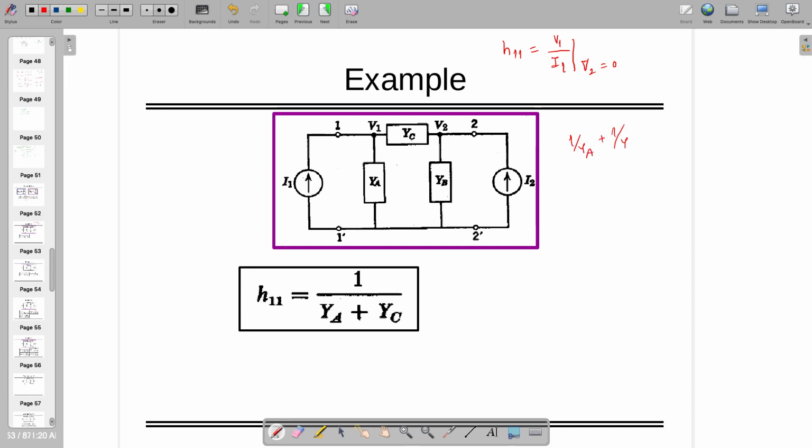One by YA, one by YC. They are in parallel. Times I1 is going to give me V1, right? So V1 by I1 is equal to parallel combination of these two. So how much?